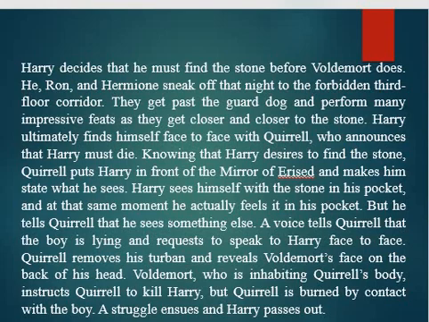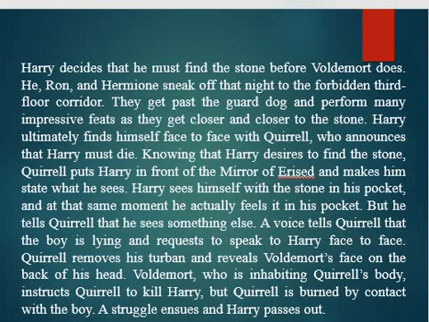He, Ron, and Hermione sneak off that night to the forbidden third floor corridor. They get past the guard dog and perform many impressive feats, and they get closer and closer to the stone. Harry ultimately finds himself face to face with Quirrell, who announces that Harry must die.